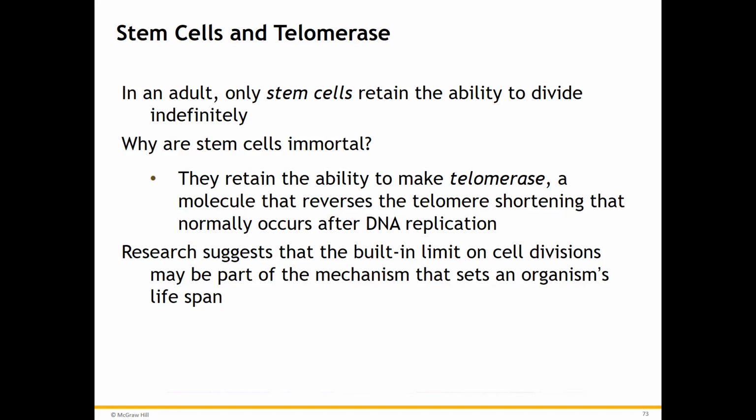Well, why are these stem cells immortal? They need to last your entire life for sure, but they're able to carry out this process because they retain the ability to make telomerase. And telomerase is an enzyme that reverses the telomere shortening that occurs after DNA replication.